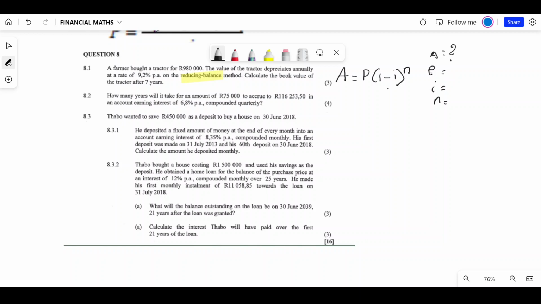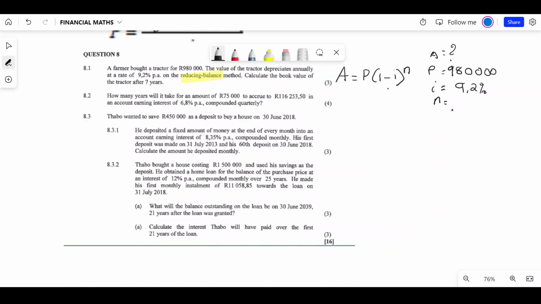So that means you must have a principal amount. The cost of the tractor at present is 980,000. The interest rate is 9.2% per annum.